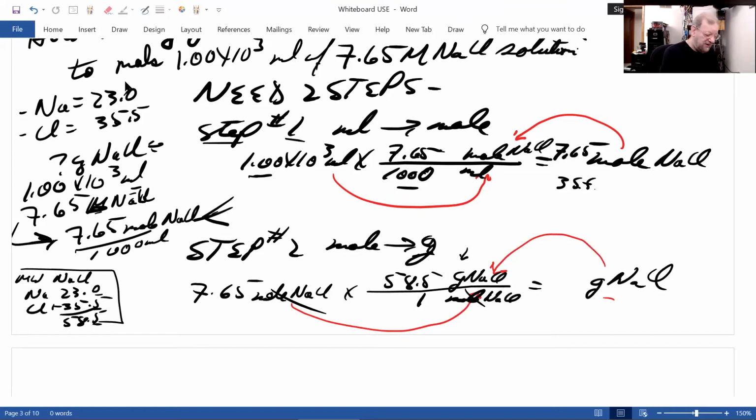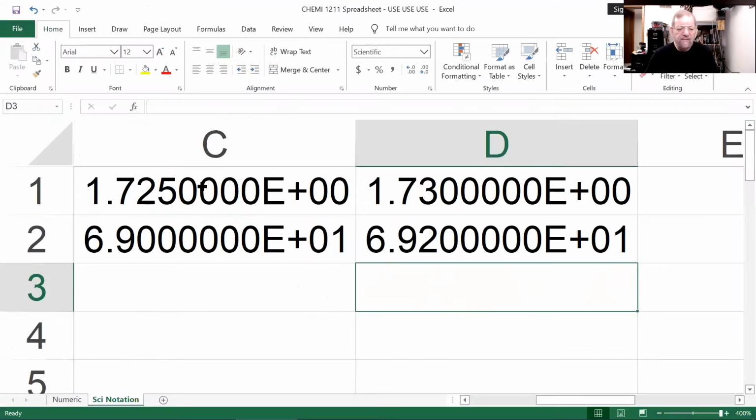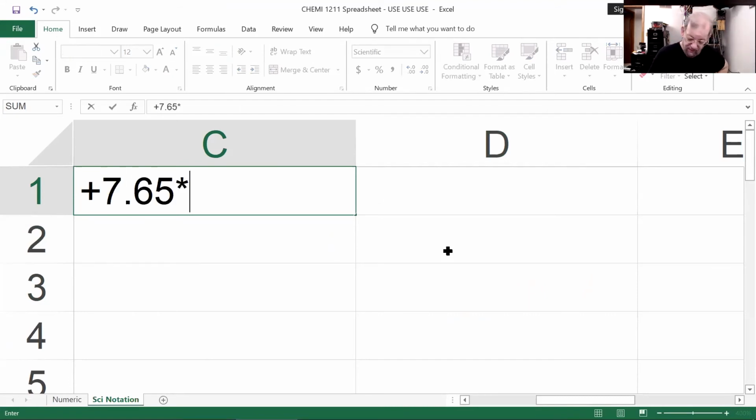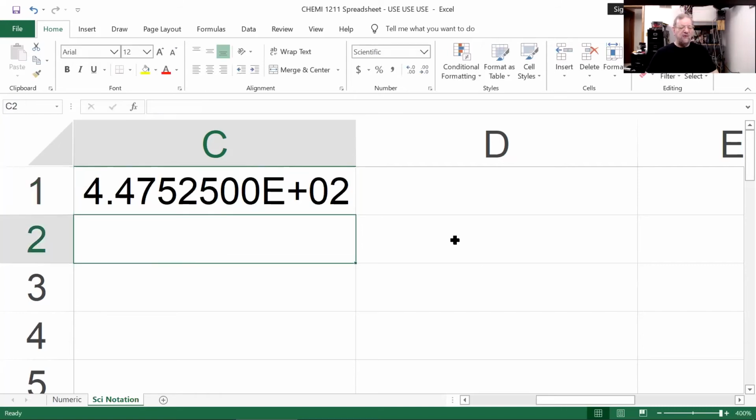And so I'll go to my spreadsheet now. I didn't have to do the last step because I could do that in my head. And I do this, and I'm going to round that off to 3 significant figures. Dr. White's in his 3 significant figure rut again. And if we round that off, keep the 4, keep the 4, keep the 7, use the 5 to round off. That's 4 or higher. So drop that, increase the 7 to 8 times 10 squared.